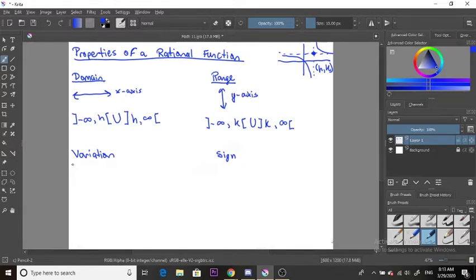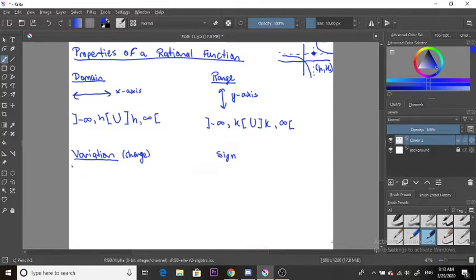Now, variation and sign are a little bit more tricky to look at. So I have a couple of tricks for you. Let's take a look at variation first. So variation means change. And what we're looking at is the change in y as we increase in our x.